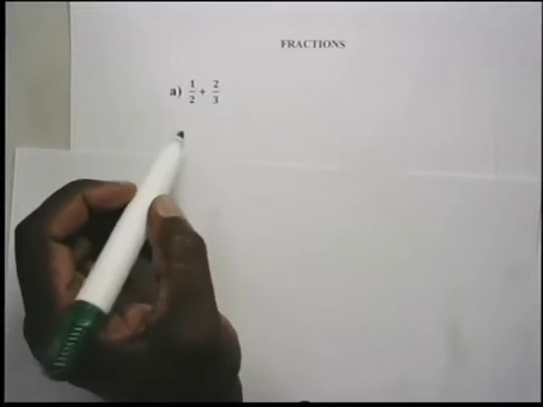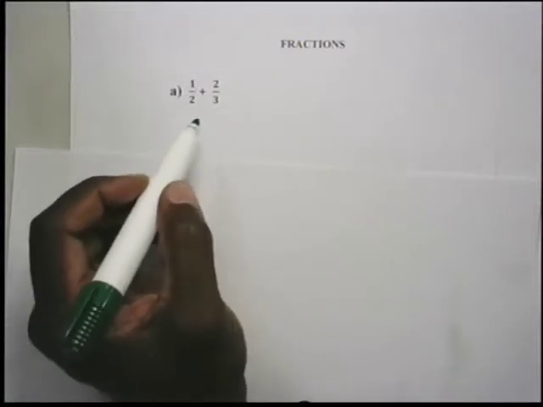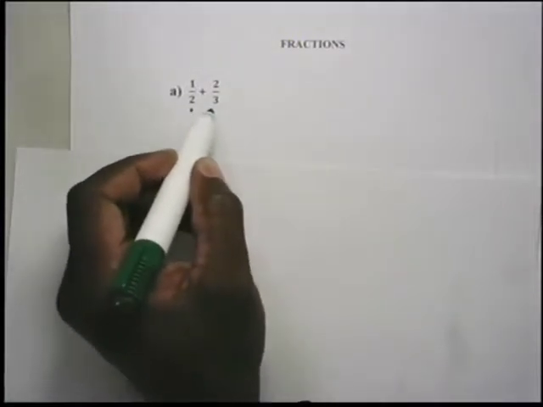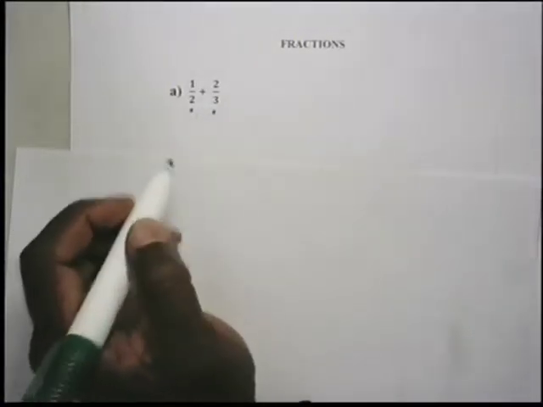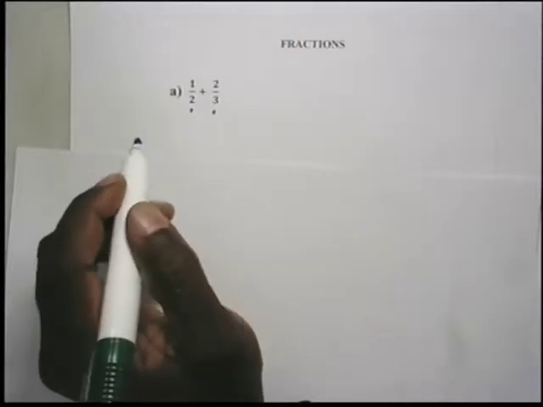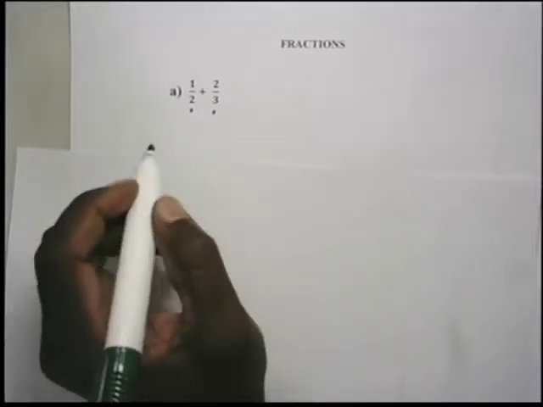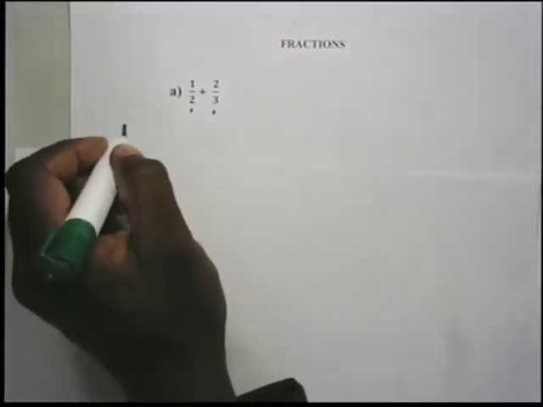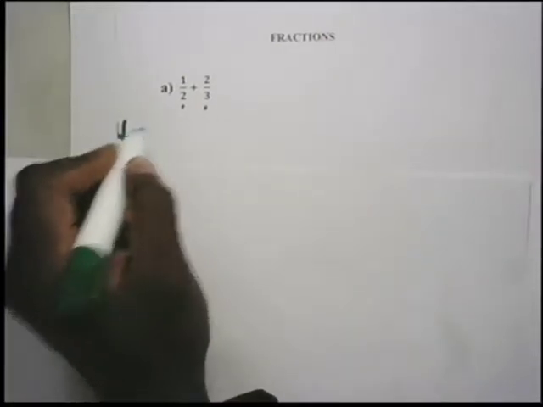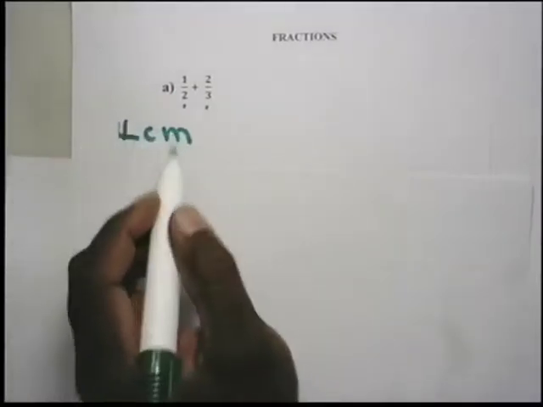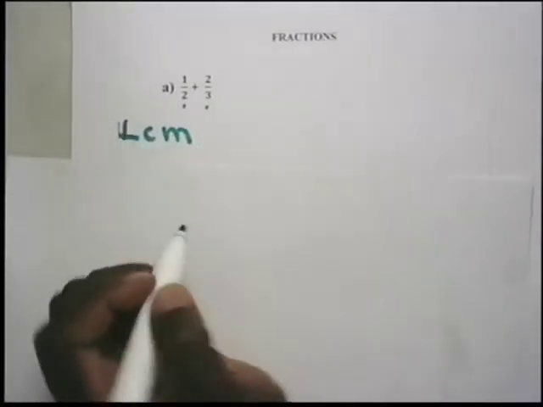For us to add or subtract two fractions, the denominators should be the same. But in this instance, our denominators are not the same, so we need to make them the same by looking for what is referred to as the LCM, or in other words, the lowest common multiple.